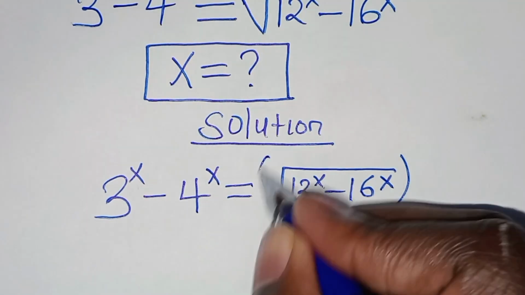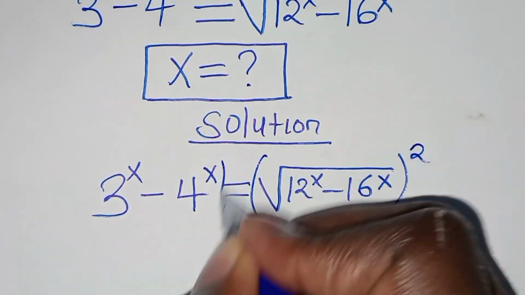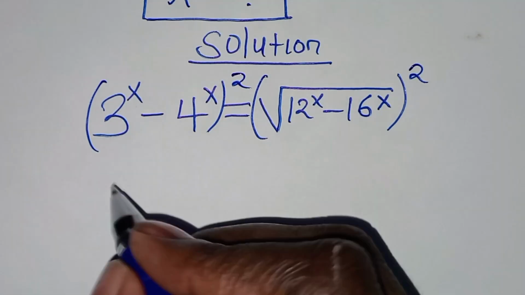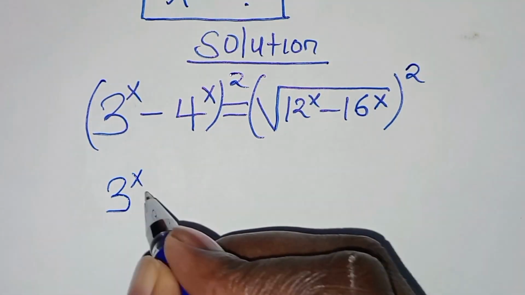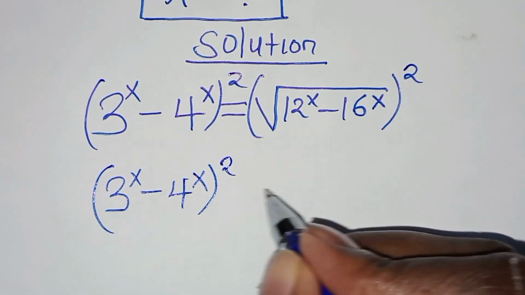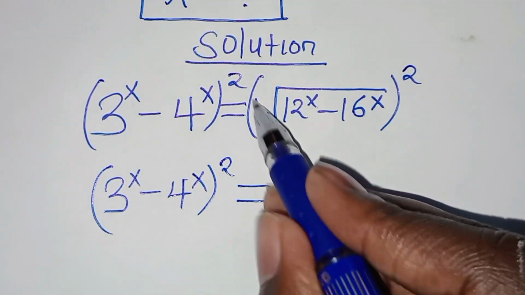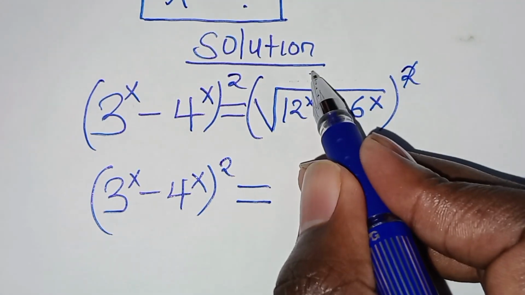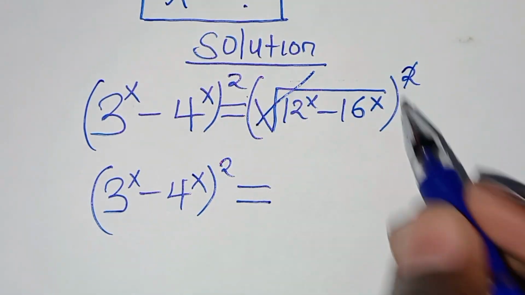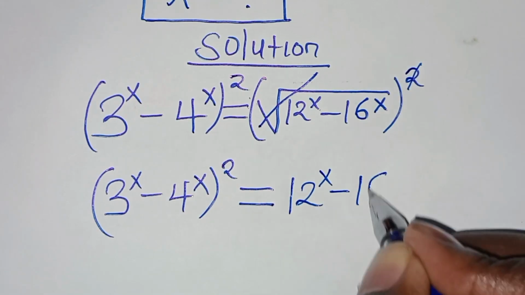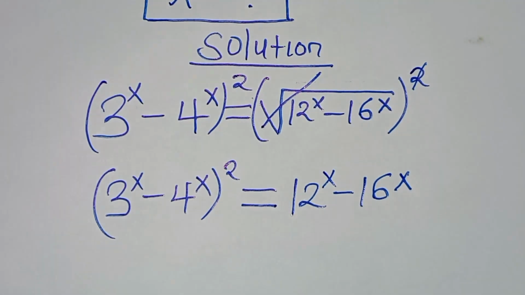So now we have (3 to power x minus 4 to power x) squared equal to the square root squared, which eliminates the square root, so this is 12 to power x minus 16 to power x.